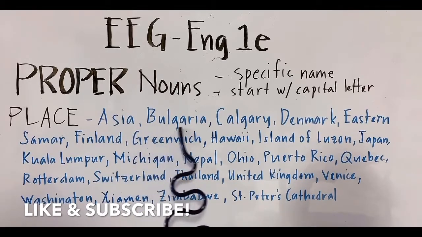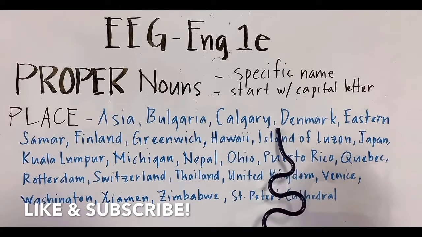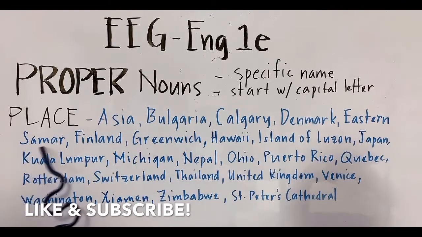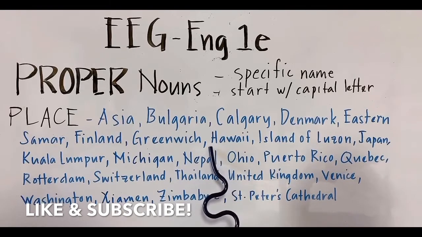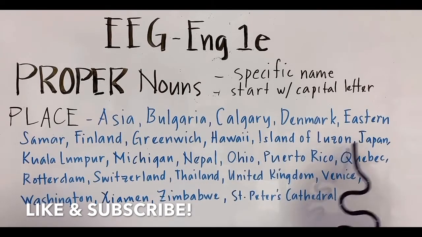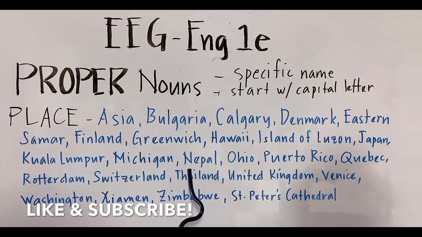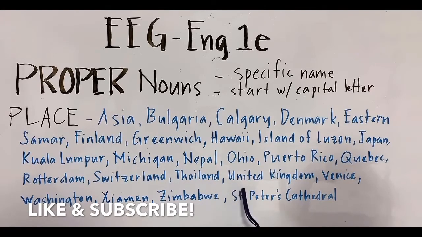Asia, Bulgaria, Calgary, Denmark, Eastern Summer, Finland, Greenock or Greenwich, Hawaii, Island of Luzon, Japan, Kuala Lumpur, Michigan, Nepal, Ohio, Puerto Rico, Quebec, Rotterdam, Switzerland, Thailand, United Kingdom, Venice, Washington, Shaman, Zimbabwe, and St. Peter's Cathedral.